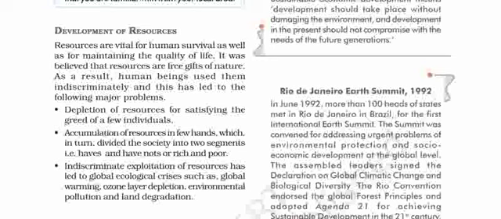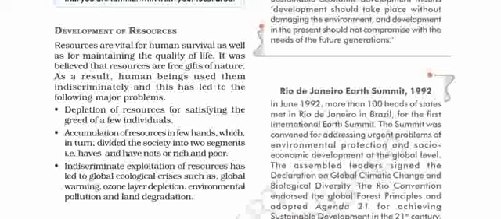In June 1992, more than 100 heads of states met in Rio de Janeiro in Brazil for the first International Earth Summit. The summit was convened for addressing urgent problems of environmental protection and socio-economic development at the global level.